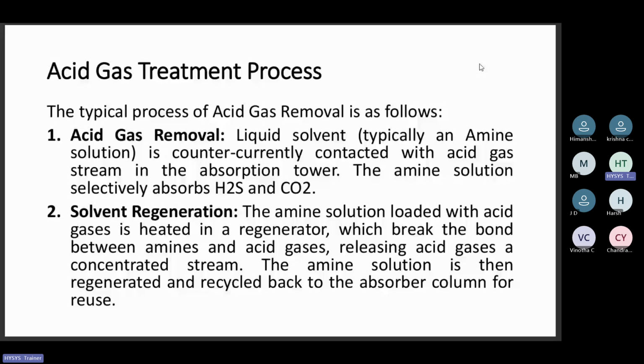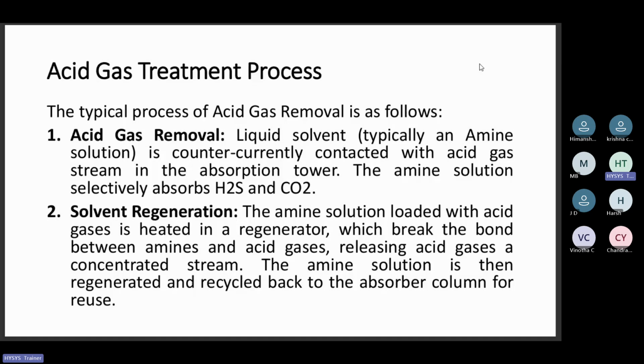Then comes solvent regeneration. It means that the amine solution, which is loaded with acid gases, is heated in a regenerator, which breaks the bond between the amines and the acid gases, releasing the acid gases as a concentrated stream. The amine solution is then regenerated and recycled back to the absorber column for reuse.